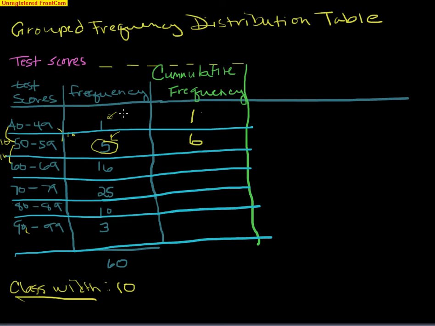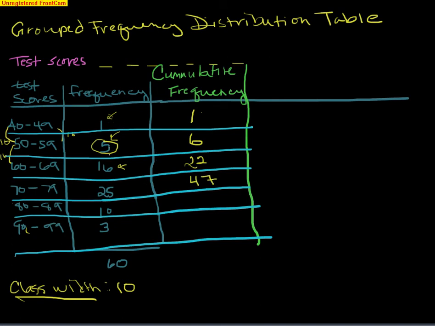How many students got below a 69? Well, we know there are 6 below 59 plus another 16 here in 60 to 69. So we add the 6 to the 16 and we get 22. In other words, there are 22 students with a score below 69. 22 plus the 25 in the next class brings us to 47. And don't hesitate to use your calculator.